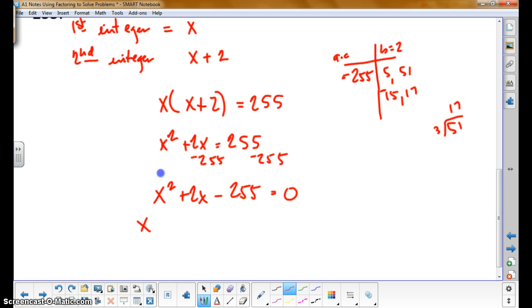So if we add 43x and subtract x squared, then we get negative x squared plus 43x minus 120 is equal to 0.